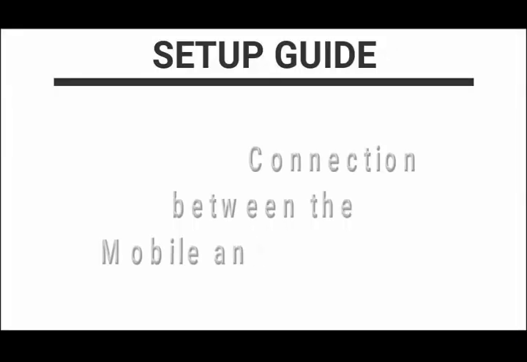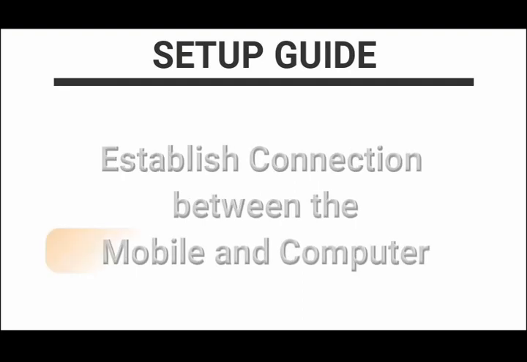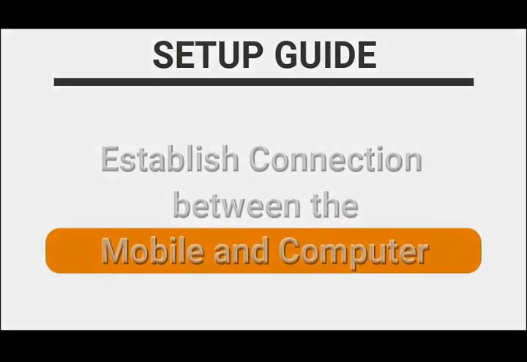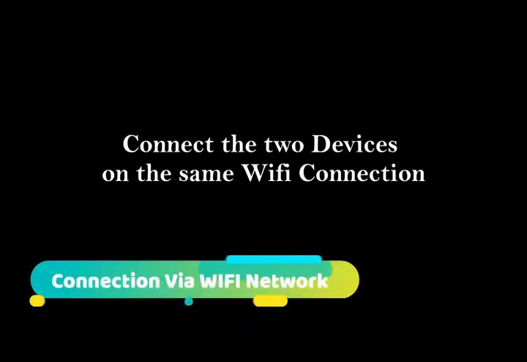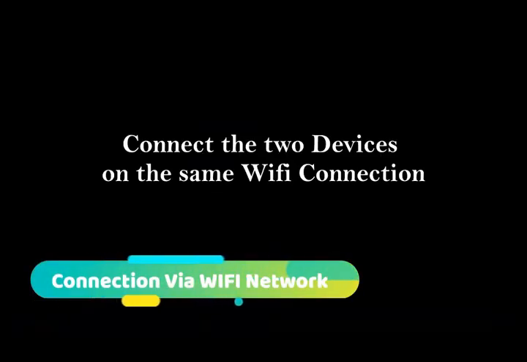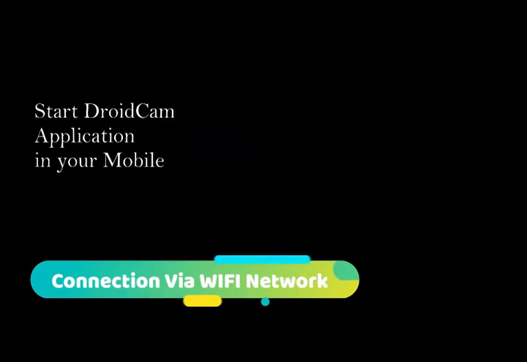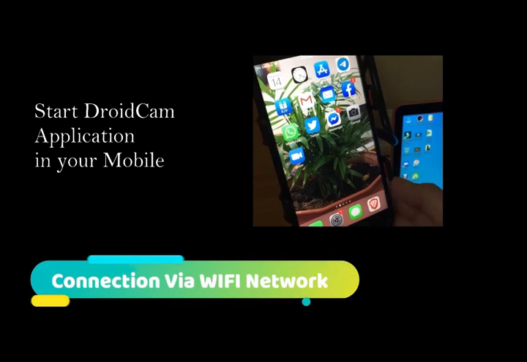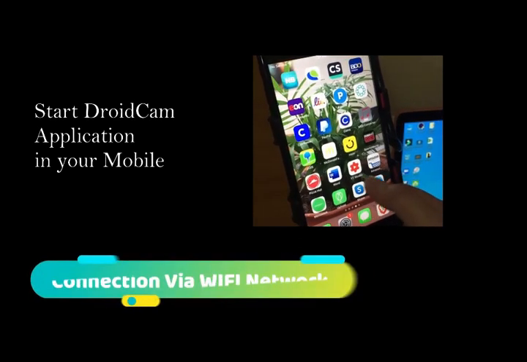The third setup guide: establish connection between the mobile and computer. First, via Wi-Fi network, connect the two devices on the same Wi-Fi connection. Start the DroidCam application in your mobile.